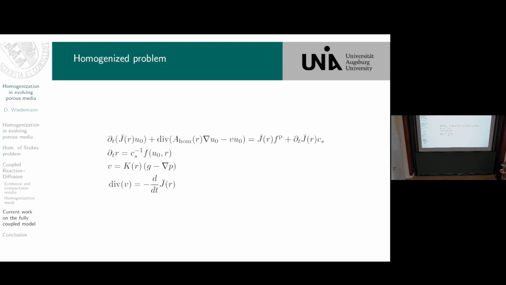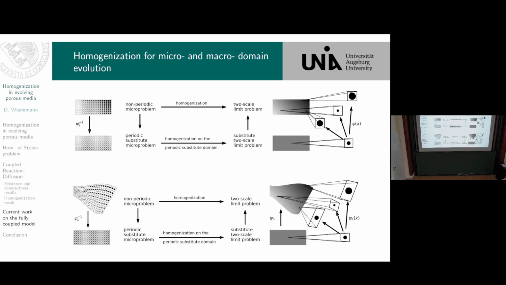So now let me conclude with a short outlook on what we can do after this. So far we have only considered non-periodic microstructure in the sense that the cells are still periodic, but inside the cells we have no periodicity. We have transformed this problem, done the homogenization there, and transformed the problem back.